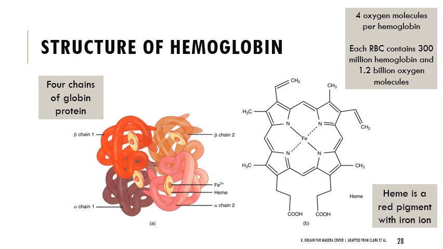Each red blood cell is then capable of carrying 1.2 billion oxygen molecules. Oftentimes we draw very simple diagrams of blood carrying oxygen. Keep in mind there's 1.2 billion O2 molecules per red blood cell.